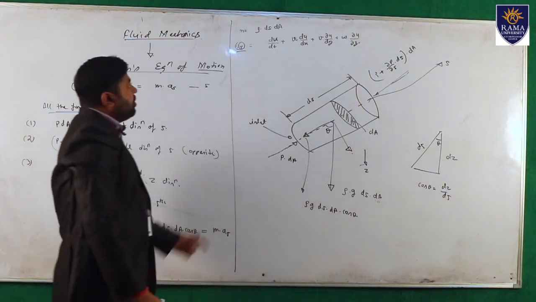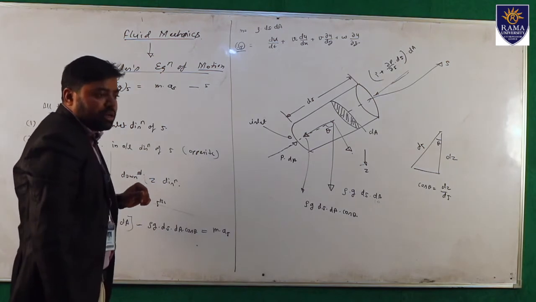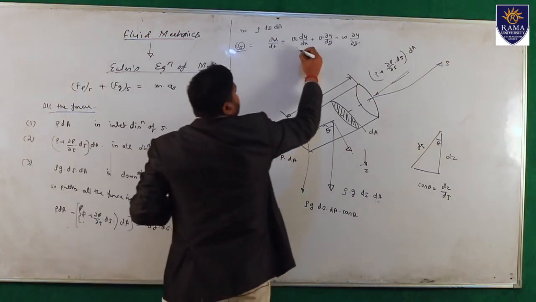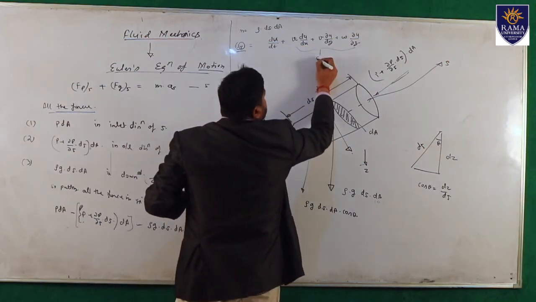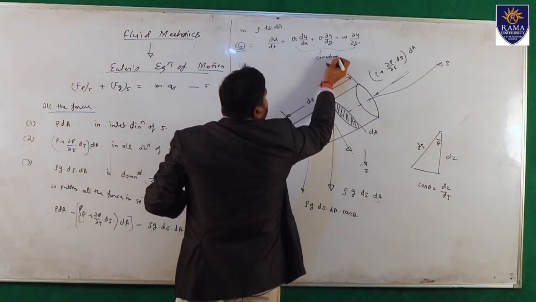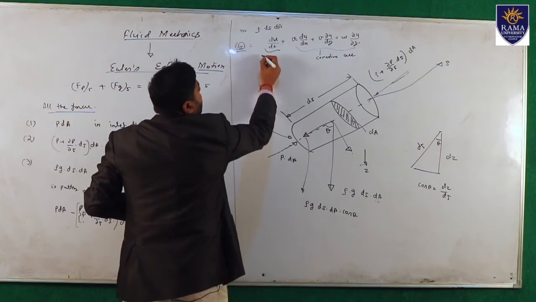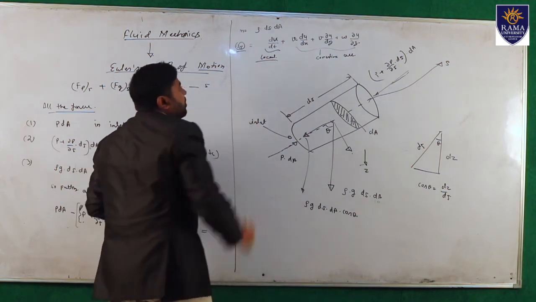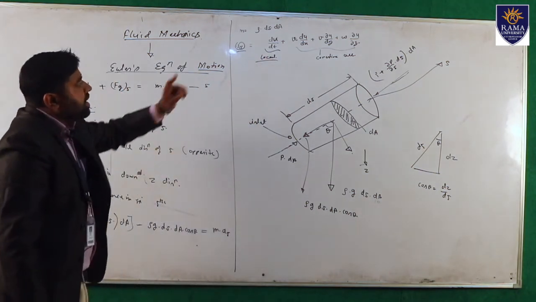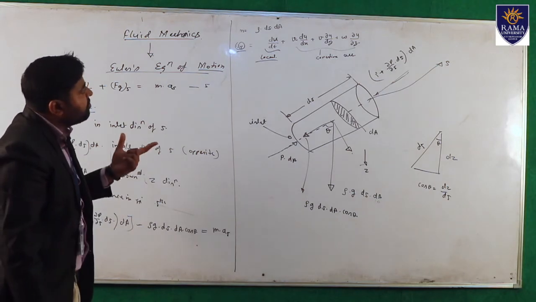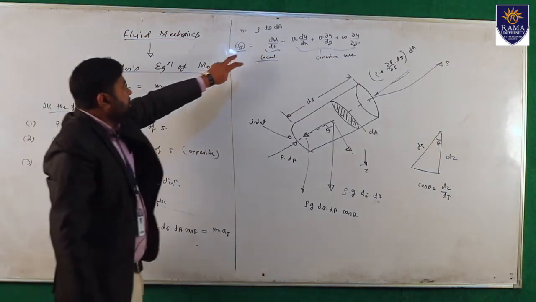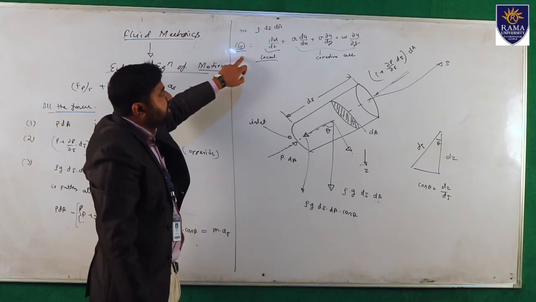So this is the equation studied earlier in kinematics of flow. This is known as convective acceleration, and this is known as local acceleration. This is the general equation for finding the acceleration in any direction.